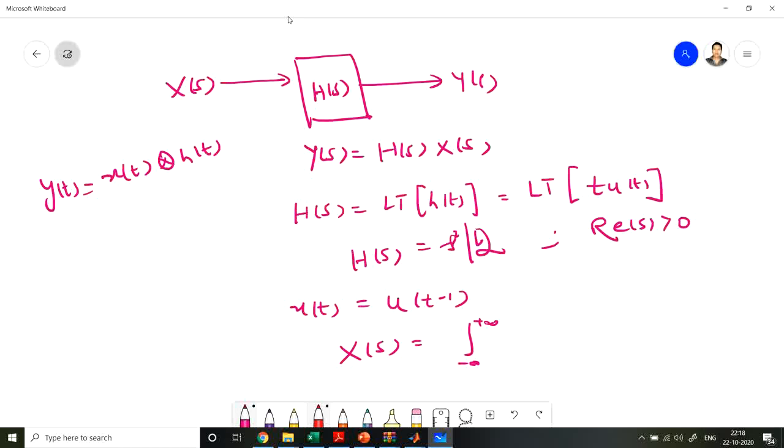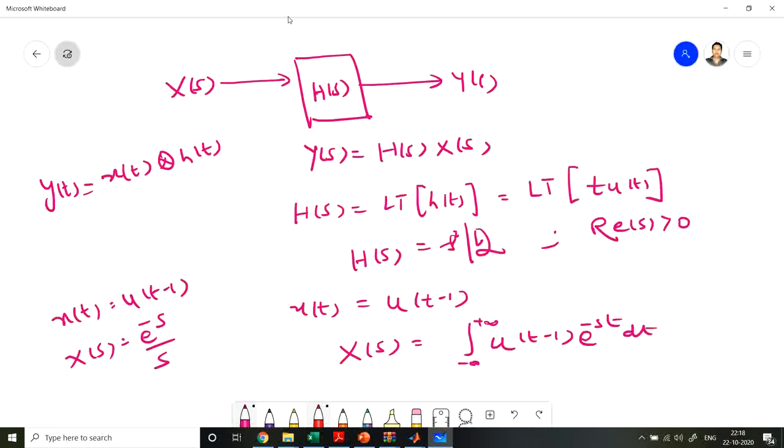Using the property, we can directly write the Laplace transform as e raised to the power minus s divided by s, but we can prove that. It is u(t minus 1) e raised to the power minus st dt.